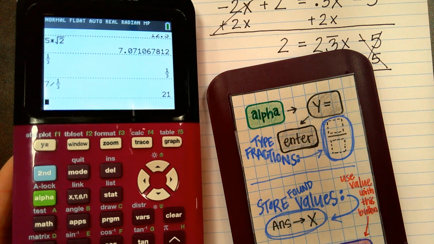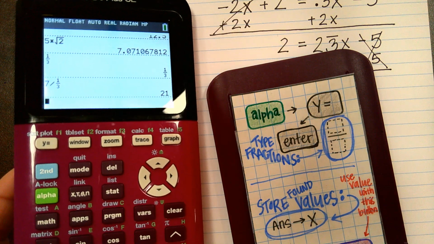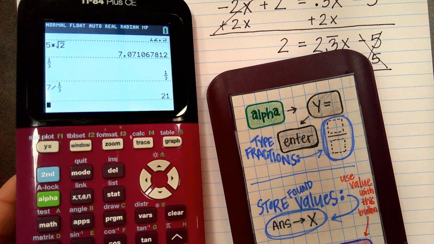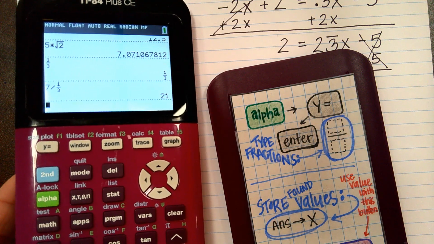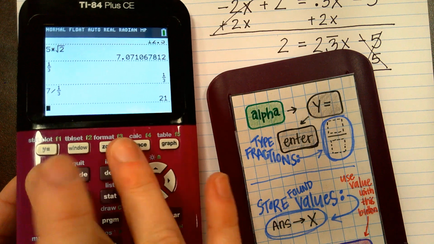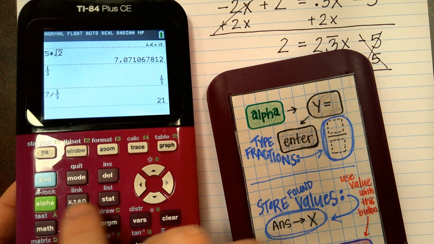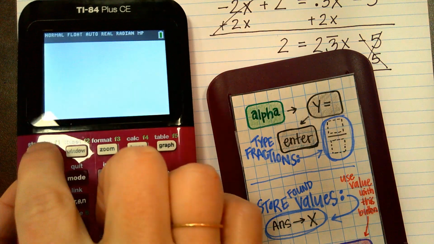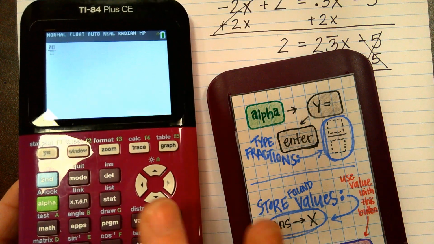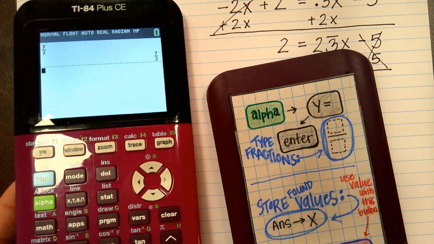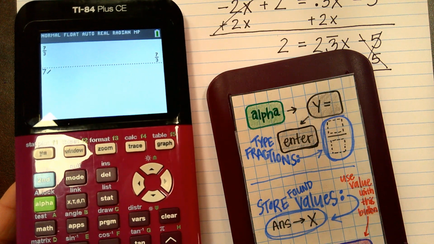So I can do 7 divided by, arrow up, 1/3. Wait a minute, that wasn't the problem. Okay, so it would actually be 7 divided by 7/3. Let me work it in my head. Alpha Y, enter 7. Okay, so 7 divided by.